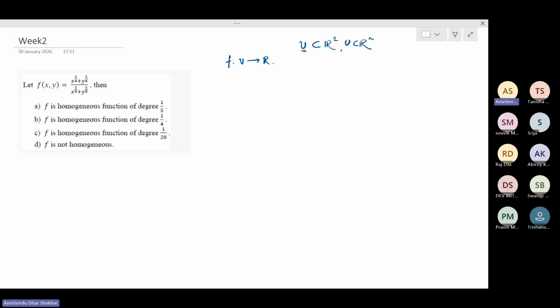So we say that this function f is homogeneous if, let's say it's a function of two variables, then f of (lambda x, lambda y) is equal to lambda to the power a times f of (x, y), where a is some real number.